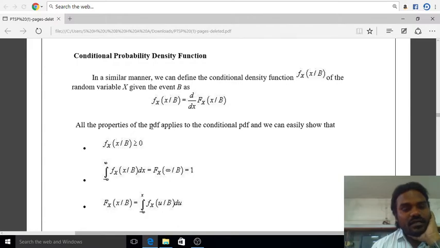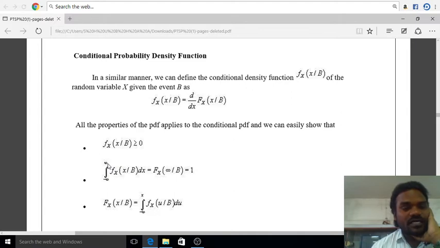As we studied, the probability of any event should not be negative, and it must lie between 0 and 1 only. Here the property of the probability density function for the conditional probability is fx of x by b greater than or equal to 0, and the summation of all the probabilities for the continuous random variable x is taken from minus infinity to plus infinity. The sum will be taken for the continuous random variable.